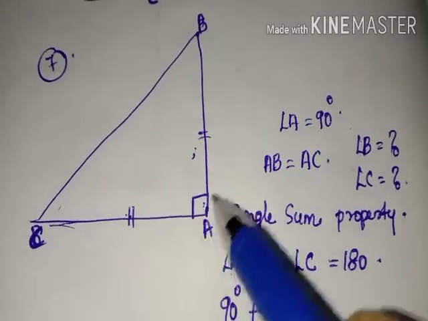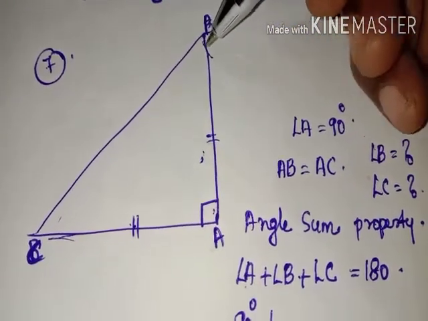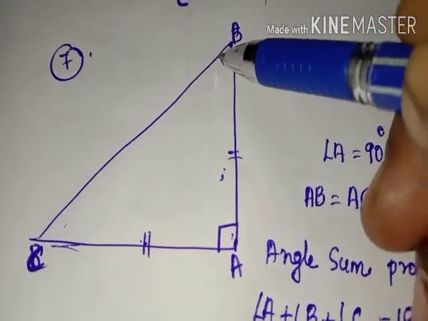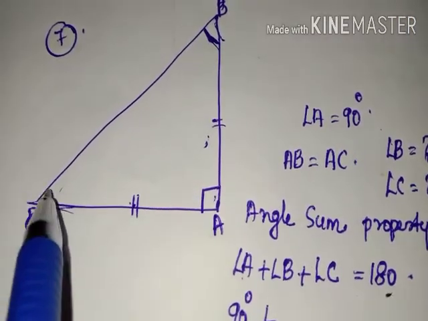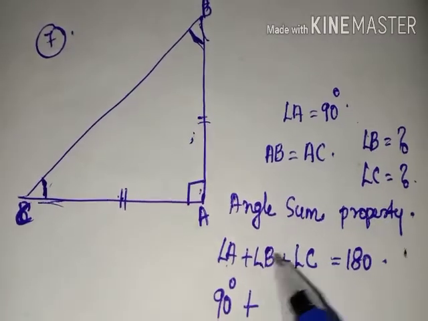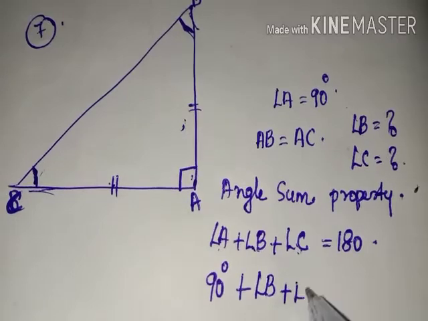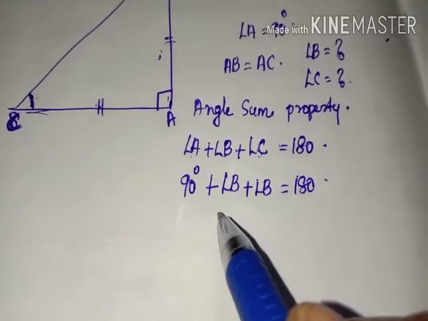Now listen, these two sides are equal. So, again by our theorem result, angles opposite to equal sides are equal. So, angle opposite to AC side is angle B. Angle opposite to AB side is angle C. So, angle B and angle C are equal. So, now I am going to replace angle C as angle B.